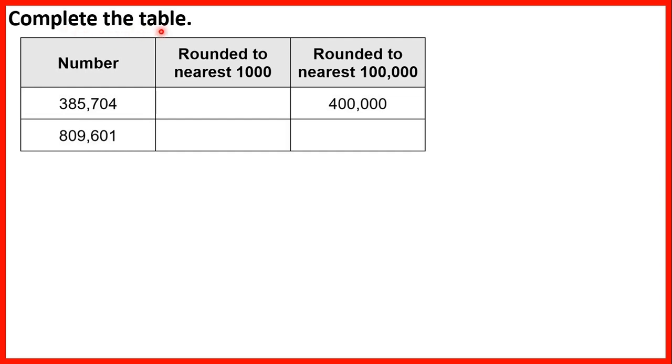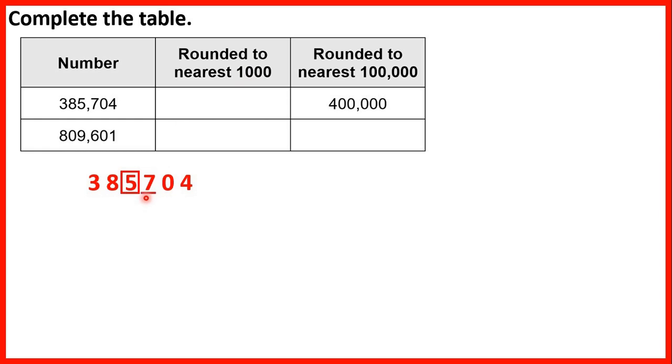Complete the table. So we need to round these numbers to the nearest 1,000 and the nearest 100,000. First, we have 385,704. To round that to the nearest 1,000, we need to find our thousands digit, so that's the 4th digit from the right, because we have ones, tens, hundreds, then thousands, and we're rounding to the nearest 1,000.